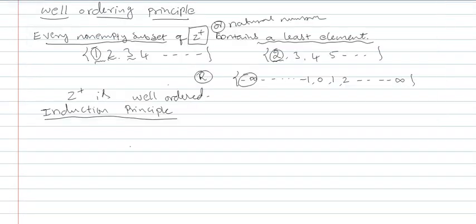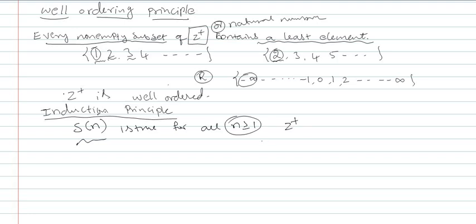Now the induction principle. It says that suppose we take a statement S of n, an open statement which involves the positive integer n. It is a mathematical statement. Suppose we need to prove that this statement is true for all n greater than or equal to 1, meaning all positive integers, Z plus.